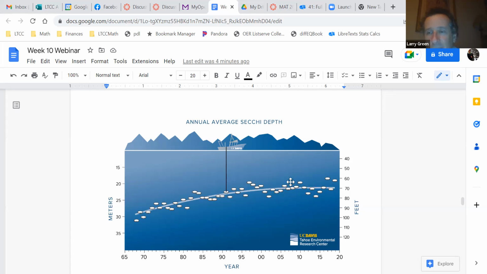Looking at this data now. 0.5. Okay, it could be 0.5. I would probably say clarity is not getting better. That means it's getting a little better. Okay.